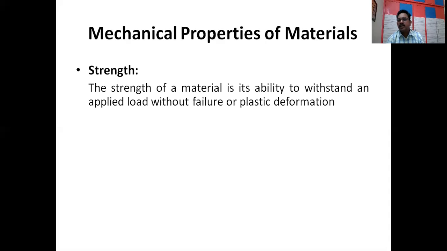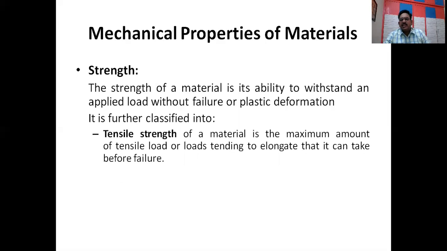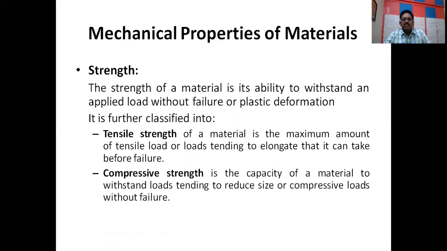We can say a material is strong, or its strength is good, when a load is applied on it and it does not fail or deform. Therefore, strength is its ability to withstand an applied load without failure or plastic deformation. This strength is further classified into three things: tensile strength, compressive strength, and shear strength.